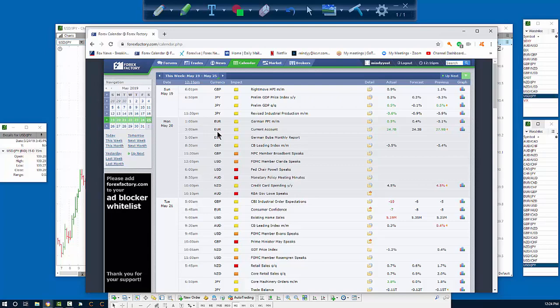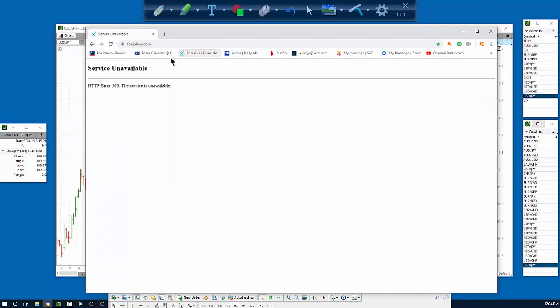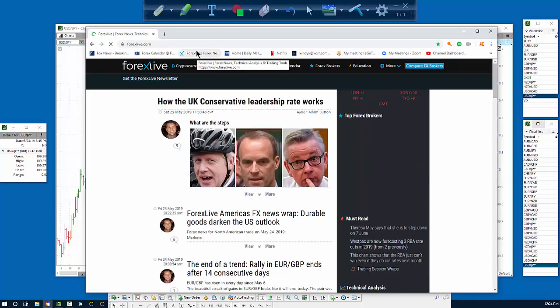Now, another good website to look for is called Forex Live. Oh, great. They're probably down for maintenance or something, wouldn't you know? But Forex Live is actually a great website. They have a staff of people, here we go, that work 24 hours a day when the market's open, okay? And it looks like they actually work on Saturday too.